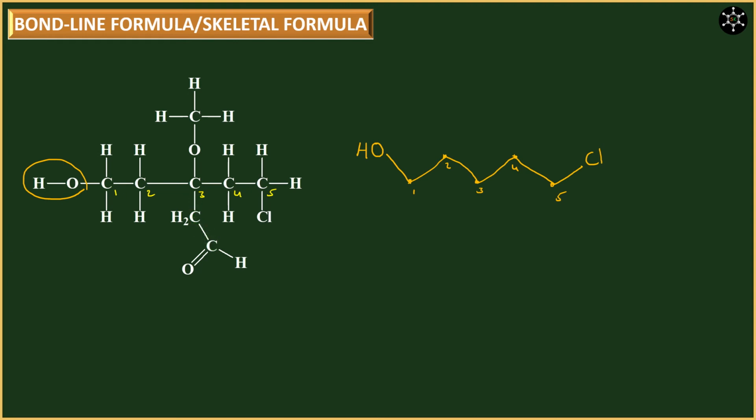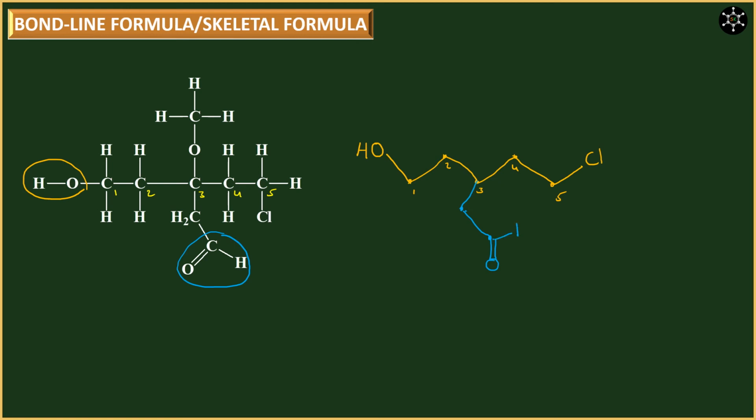For the sake of clarity, I use the color code. 2 carbon atoms, meaning 2 dots, connected to 3 through a single bond. This carbon atom is further connected to oxygen through a double bond. So, double bond, oxygen. Though this hydrogen is sitting on a carbon atom, we need to show this in the skeletal formula because this is a part of the functional group aldehyde.